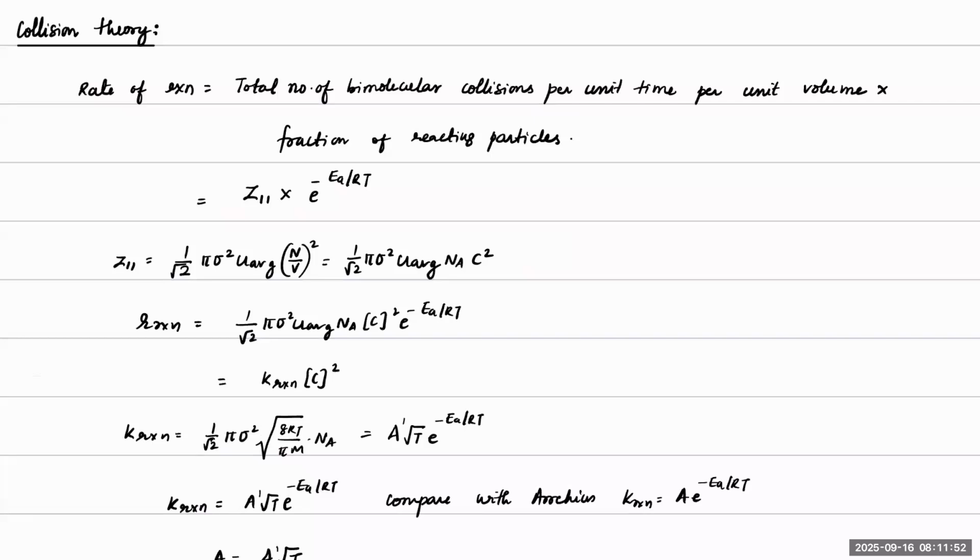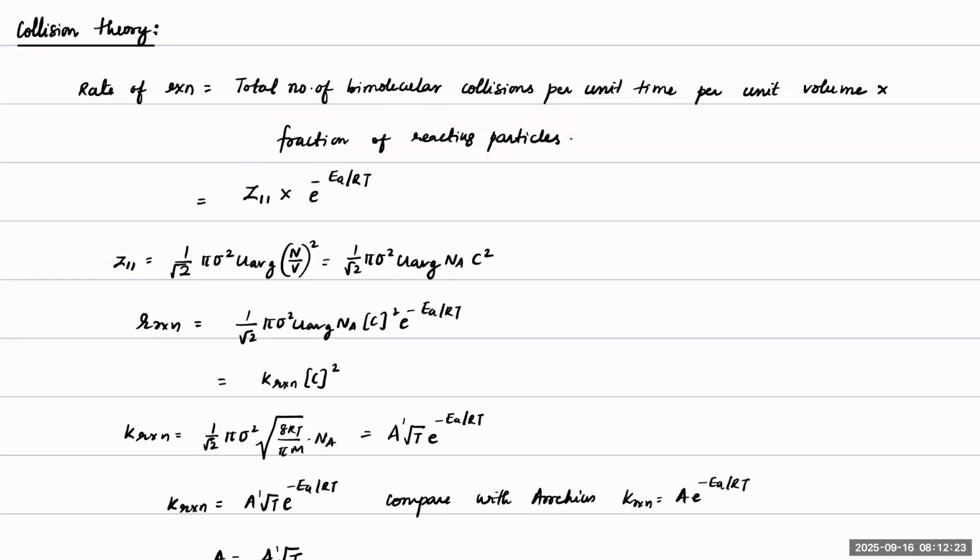What we discussed is the empirical idea proposed by the Arrhenius theory. Now, there is one more theory which is collision based. According to collision theory, the rate of the reaction is equal to the total number of bimolecular collisions per unit time per unit volume times the fraction of reacting particles.